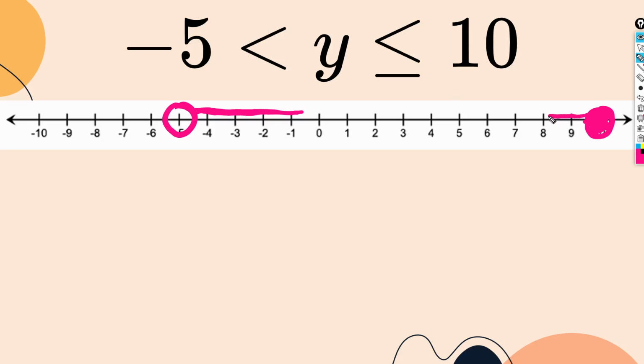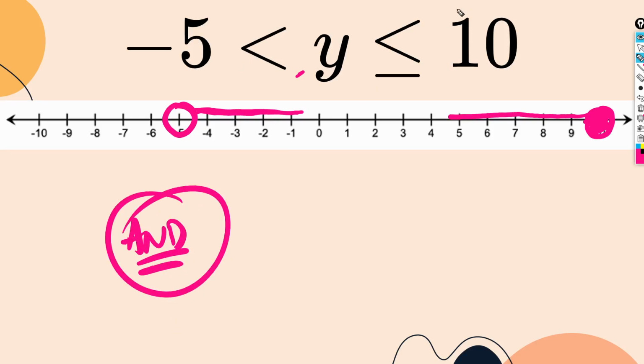So, papunta rito. No? Now, remember, this is a compound statement. Even how you read it. Look, y is greater than negative 5 and I'll highlight that conjunction, and less than or equal to 10. So, the numbers that you can plug in for y must satisfy both conditions. It should be greater than negative 5 and at the same time less than or equal to 10. Kasi look at this, ano?